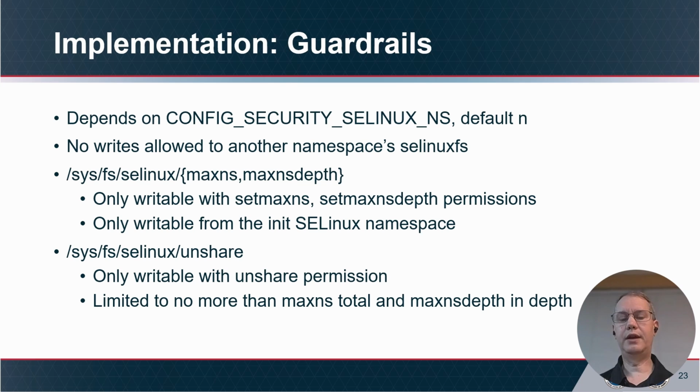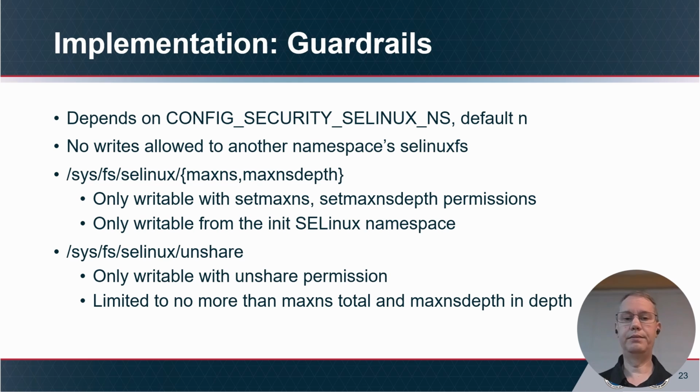Lastly, it should be noted that given that almost all the permission checks are checked against not only the current SELinux namespace, but all ancestor namespaces, the ability of a child namespace to, for example, create a file with a security label that might be considered sensitive or trusted by the host is constrained by the host's policy and thus can be prevented.